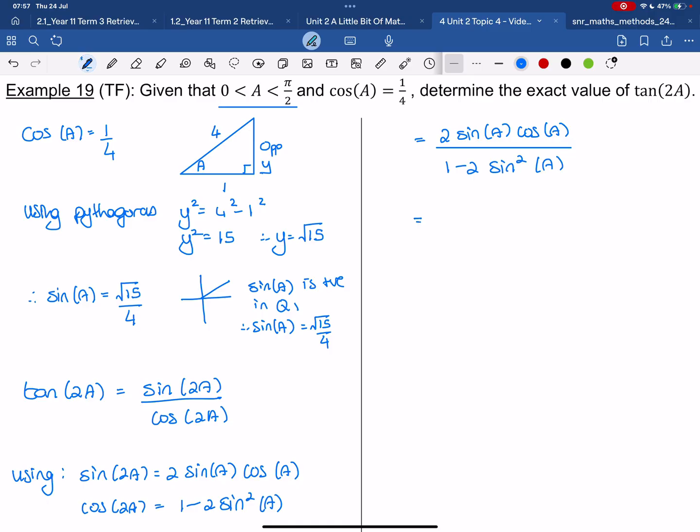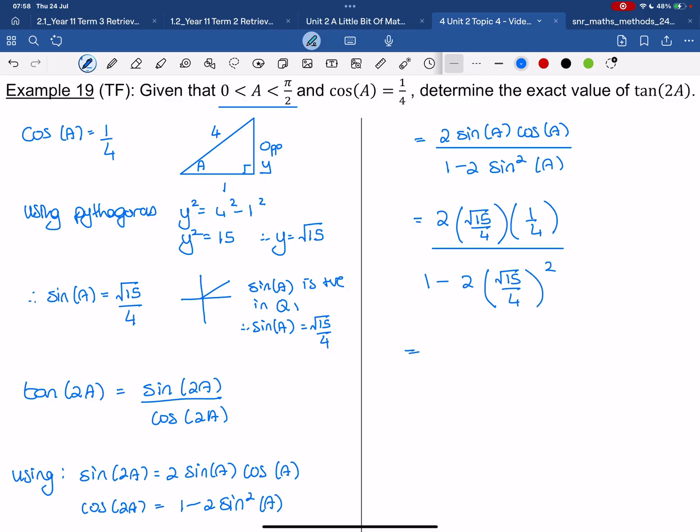So I know that sine of a is root 15 over 4. So I've got 2 times root 15 over 4 times cos of a, which is a quarter, over 1 minus 2 times, now, sine of a was root 15 over 4, all squared.